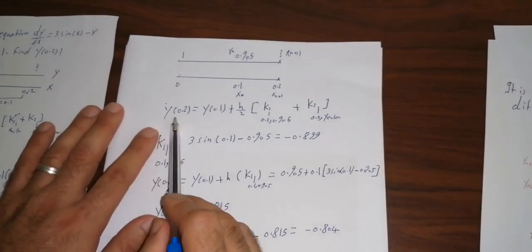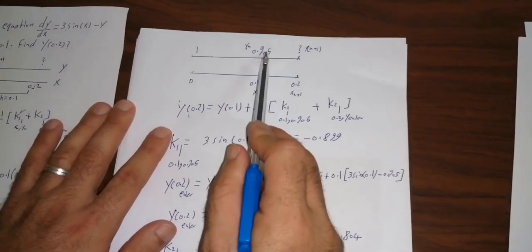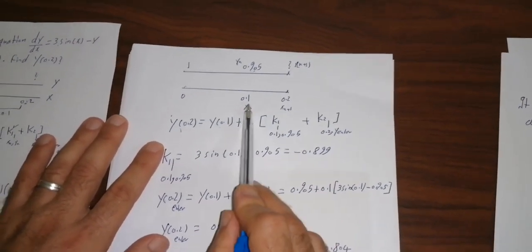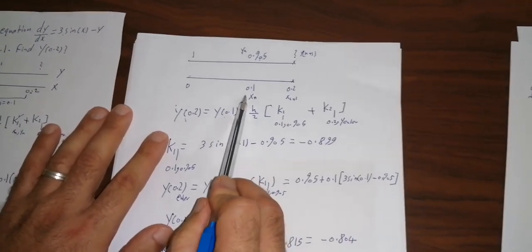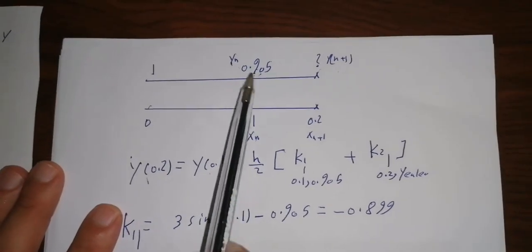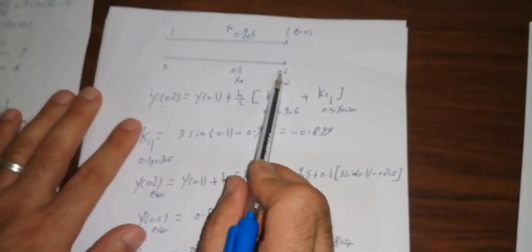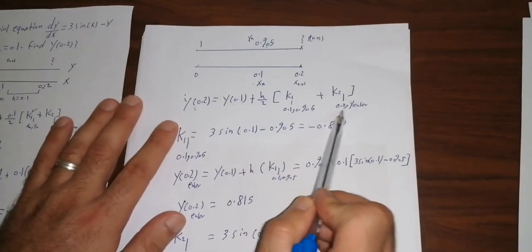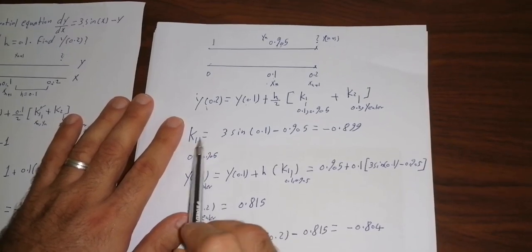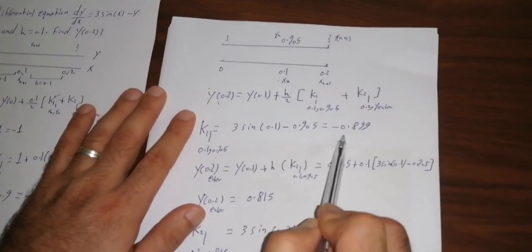I go to y at 0.2, which equals y at 0.1, already exists, plus h over 2 times k1 at xn, yn, which means at the point 0.1, 0.905, plus k2 at 0.2, xn plus 1, y Euler. So I substitute k1 at 0.1, 0.905.